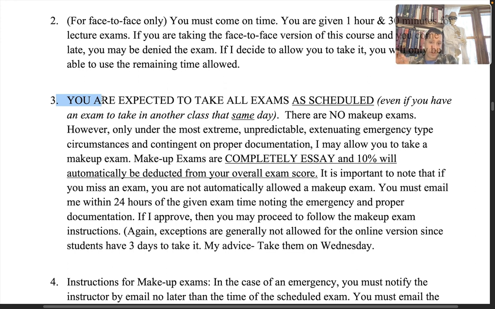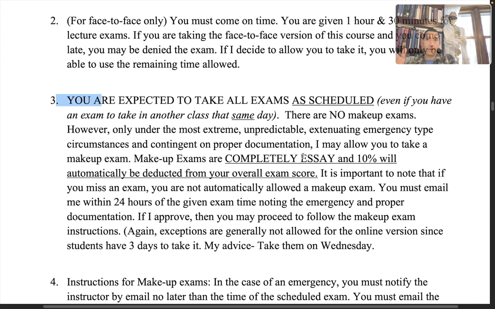Even if that's the case, you're not automatically given the chance to make something up. If I allow it, it's still going to be a harder exam, like an essay, and 10% will automatically be deducted from your overall exam score. Just take your exams on time.